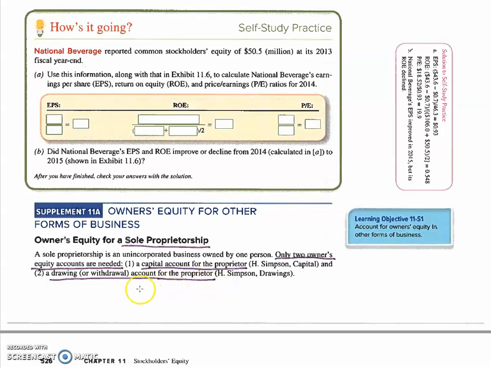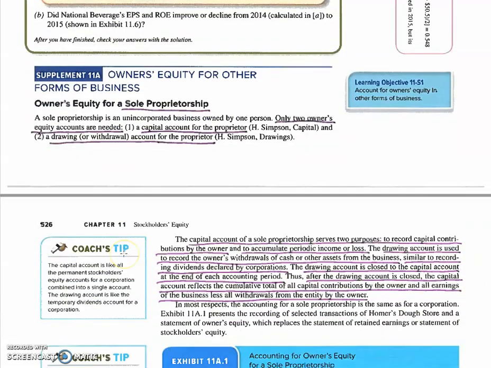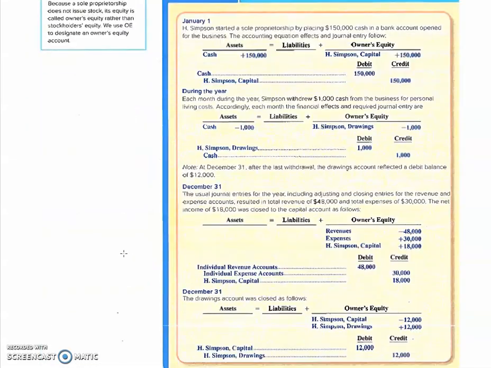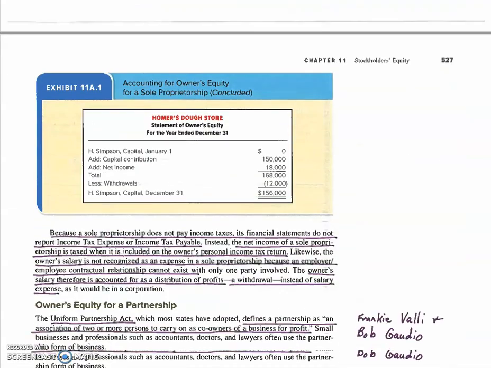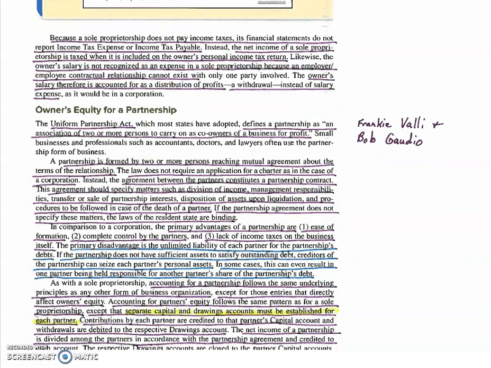So the proprietor takes out money that goes through their withdrawal or drawing account, and whatever capital they have in the business is their capital account. Now for partnerships, each partner actually has a capital account and a drawing or withdrawals account.